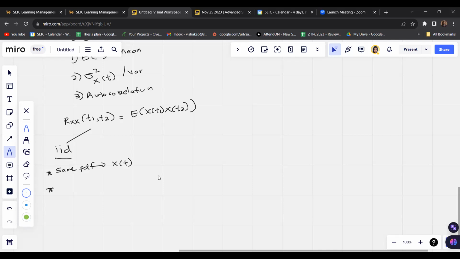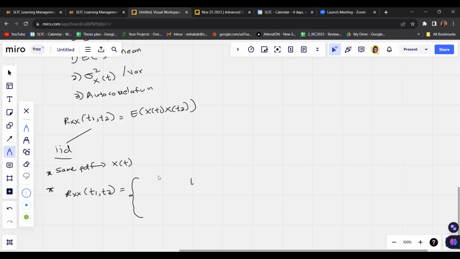So for this kind of IID process, the autocorrelation function can be defined in general using this definition.